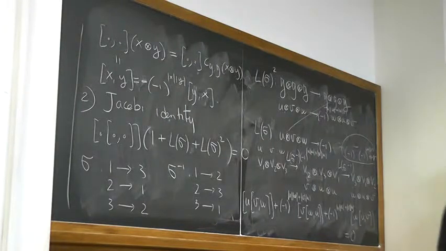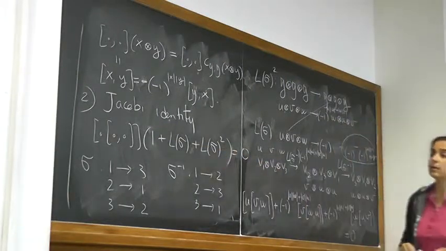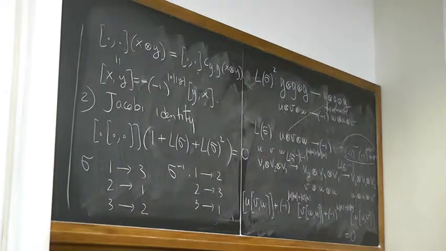And this is the Jacobi identity. And the whole point that Bernstein is making is that if you write like this, and if you take sigma as the usual action of the permutation, it's the Jacobi identity. It's not this twisted thing. So it's all right.